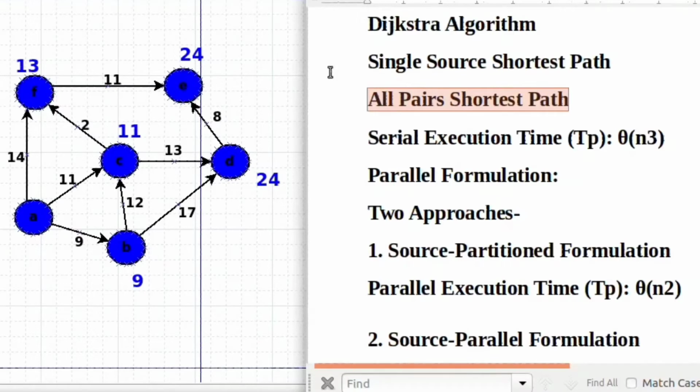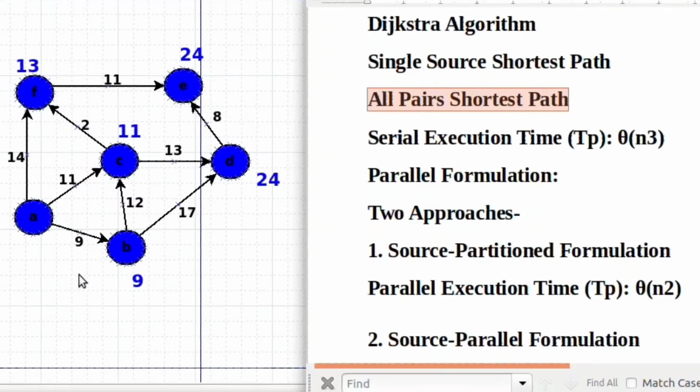So basically Dijkstra algorithm is used for single source. If we take one vertex as a source, we find out the shortest path to all the other vertices. Now if we apply Dijkstra algorithm for all the vertices, we'll apply it for this vertex and find the shortest path to all the other vertices.